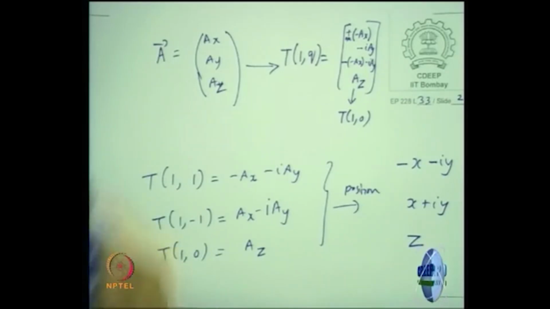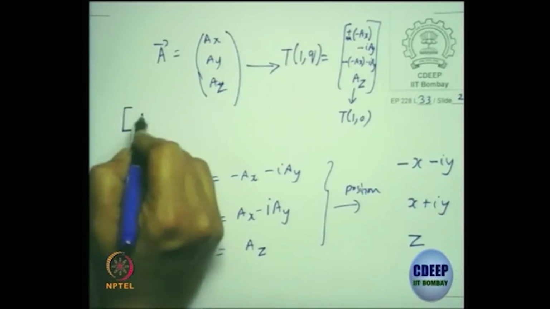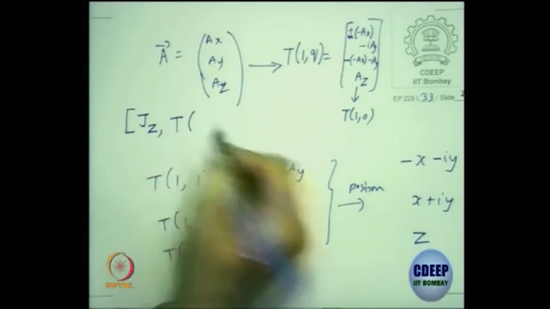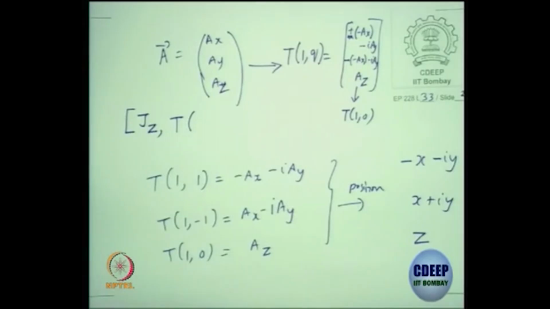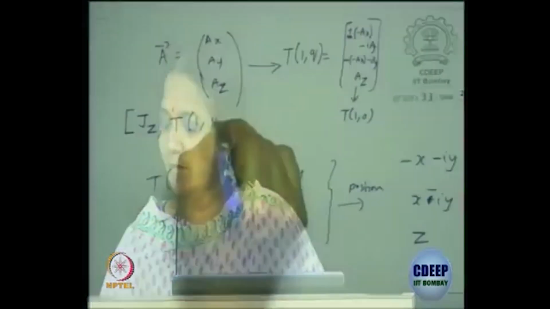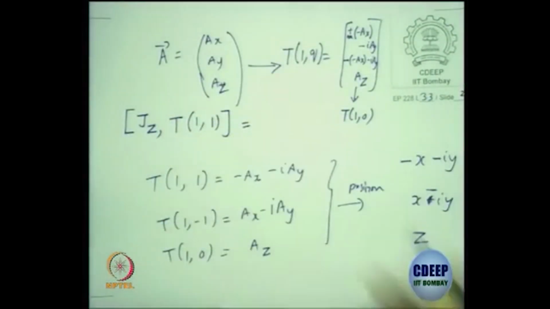See, then I would like to look at Jz with T of something wrong. Did I make a mistake? Yeah, this is minus iy. Thank you. So now do Jz with T 1 comma 1. What are you getting?